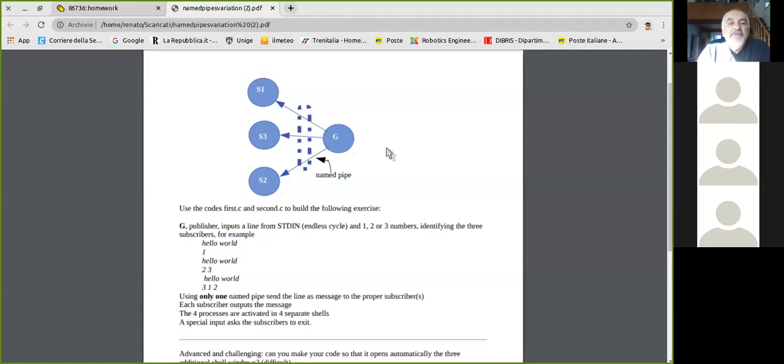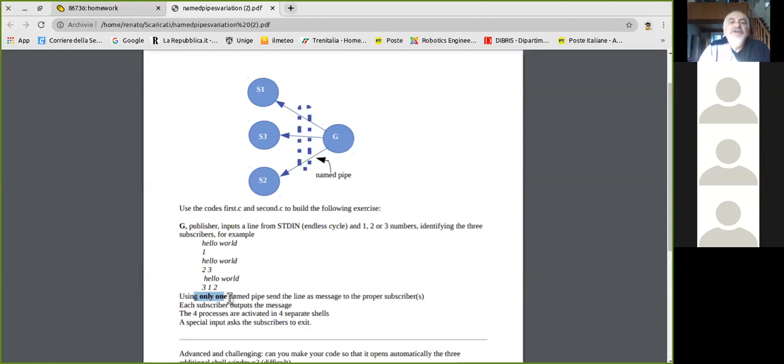So the constraint is to use only one named pipe, and this is important.